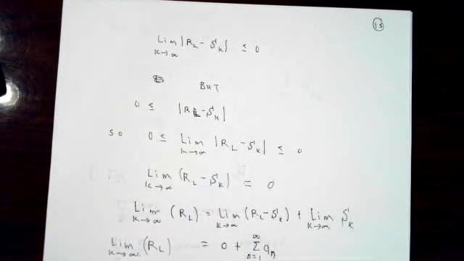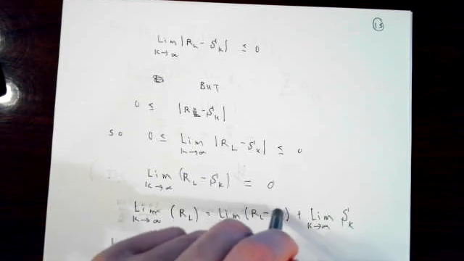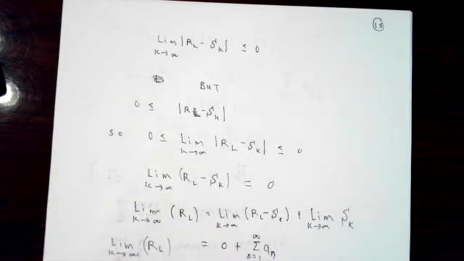This exists because the sum of the ANs converge, because the AN series is absolutely convergent. That means it's legal to put these two limits together, and RL minus SK plus SK is RL. So I'm not assuming anything when I write limit as K tends to infinity of RL is 0 plus the sum of the original series.